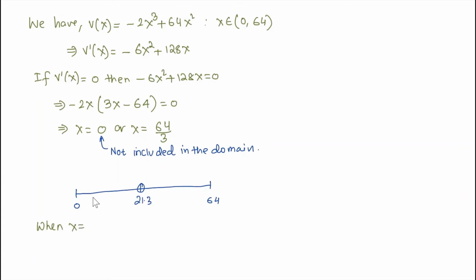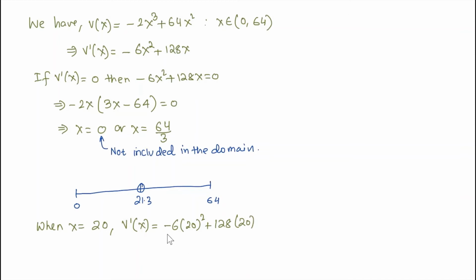If you plug in 20 into the derivative function, it will be negative 6 times 20 squared plus 128 times 20.